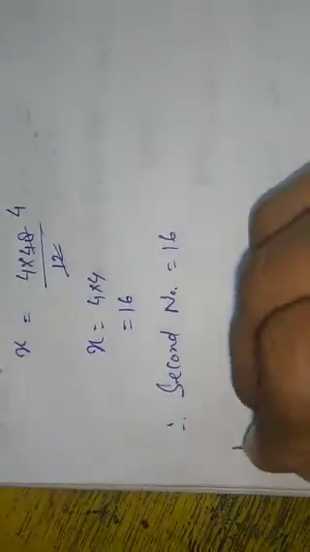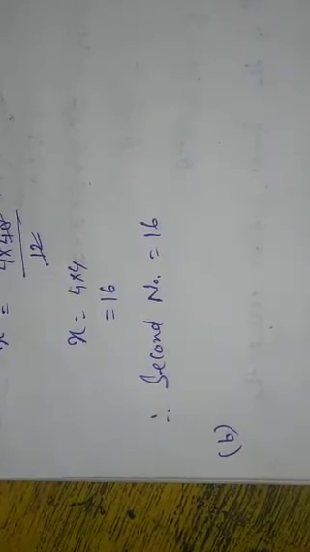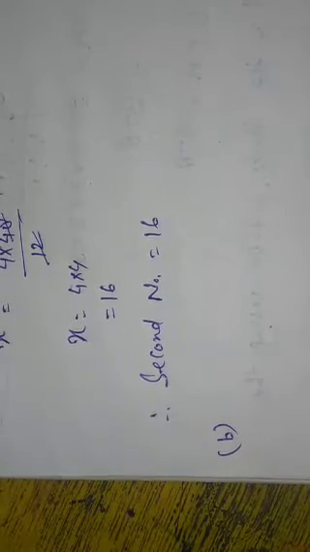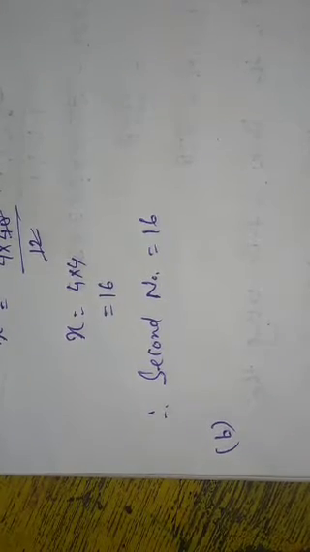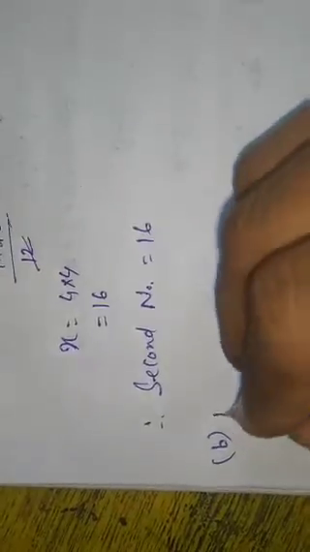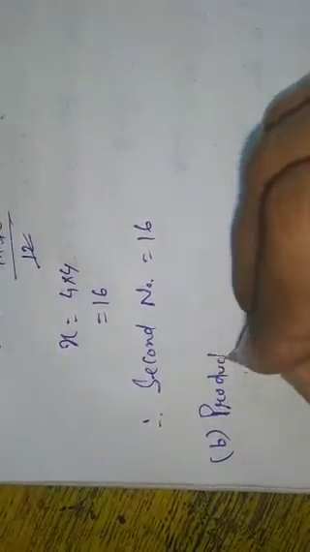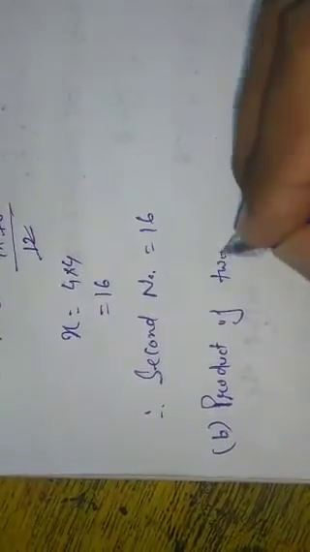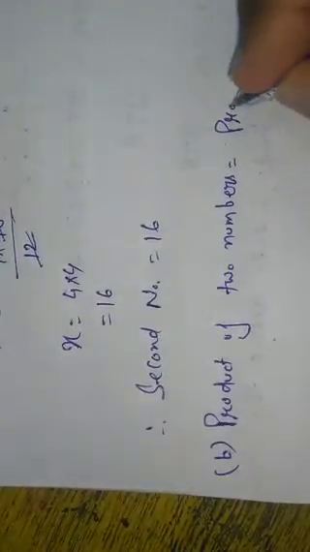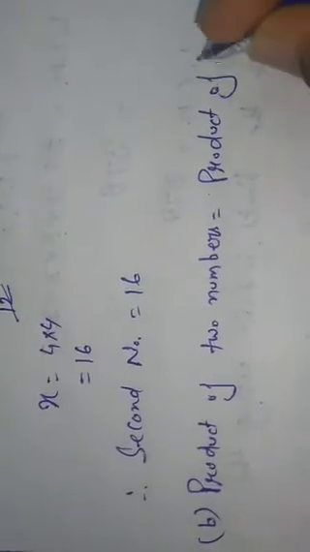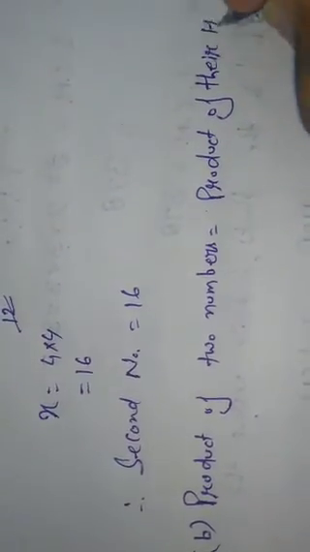Clear, students? Now B part. In B part, students, the LCM is missing. The first and second numbers have been given, so the same formula is applicable here: product of two numbers is equal to product of their HCF and LCM.